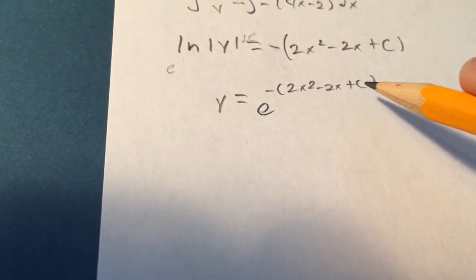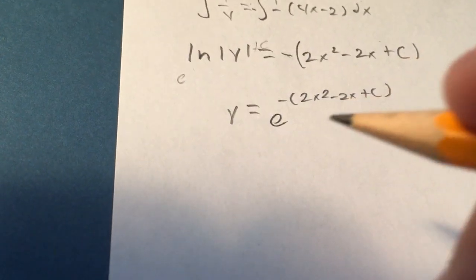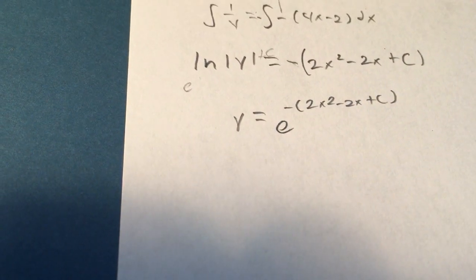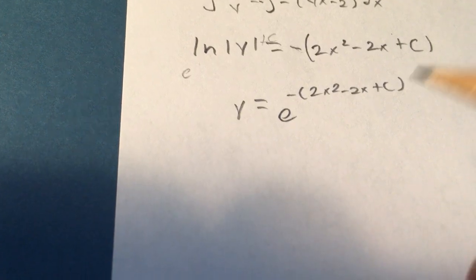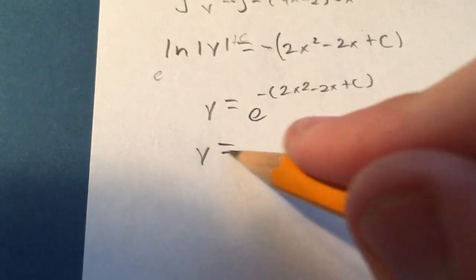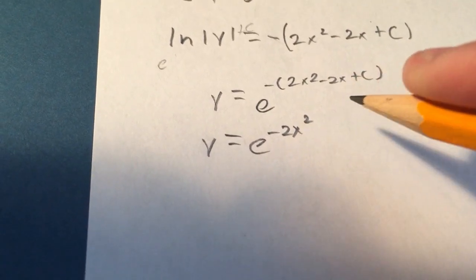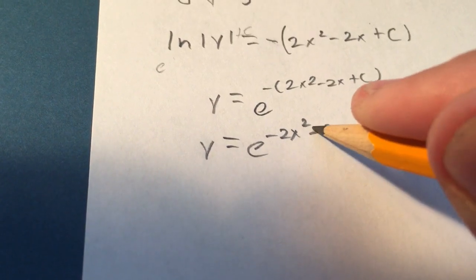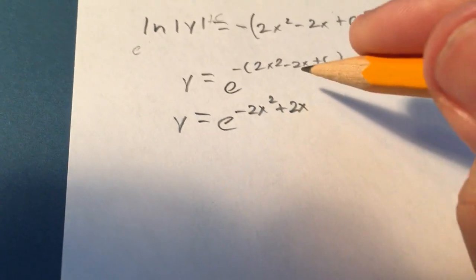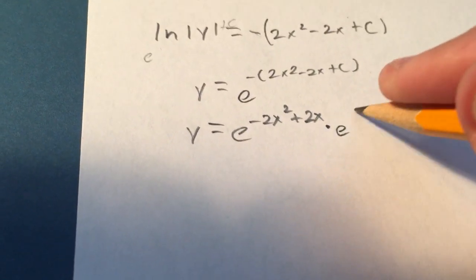The plus c in the exponent you can take out, because like logs, when things are added in the exponent, it's like they're multiplied. So instead of plus c, you can rewrite it as times e to the c.